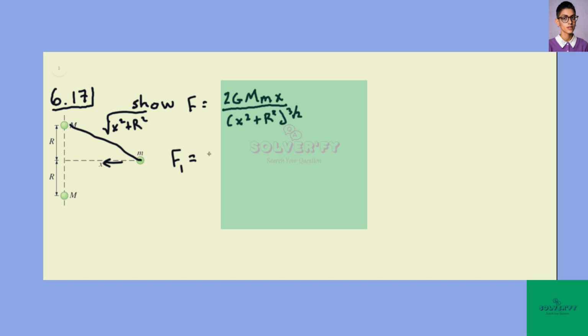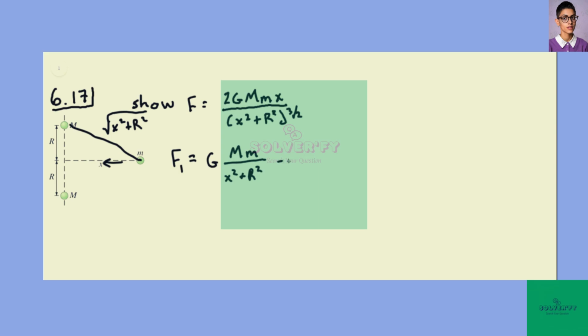So this is going to be G times the product of the two masses divided by the distance squared. So actually just x squared plus r squared.